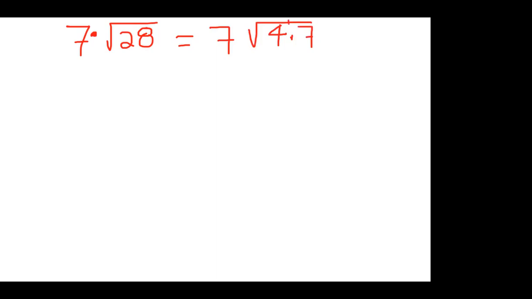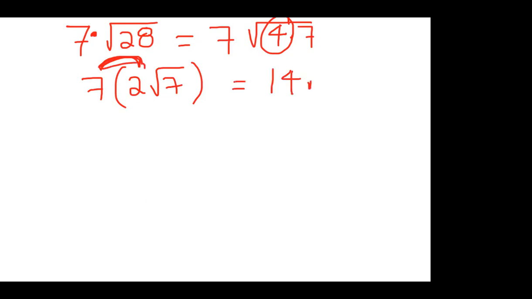So now you want to go ahead and take the square root of the 4, which comes out on the outside as 2 outside of the radical. And of course, that 7 remains under the root. So now you've got these two whole numbers. You multiply these two whole numbers together. So that gives you 14 radical 7. And there you go. So whenever you encounter a number in front of the radical, it means that you're going to multiply whatever the radical simplifies to by that number.